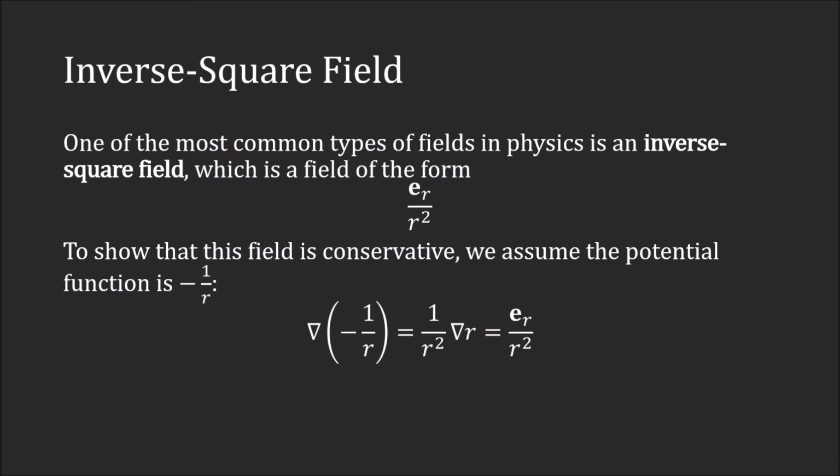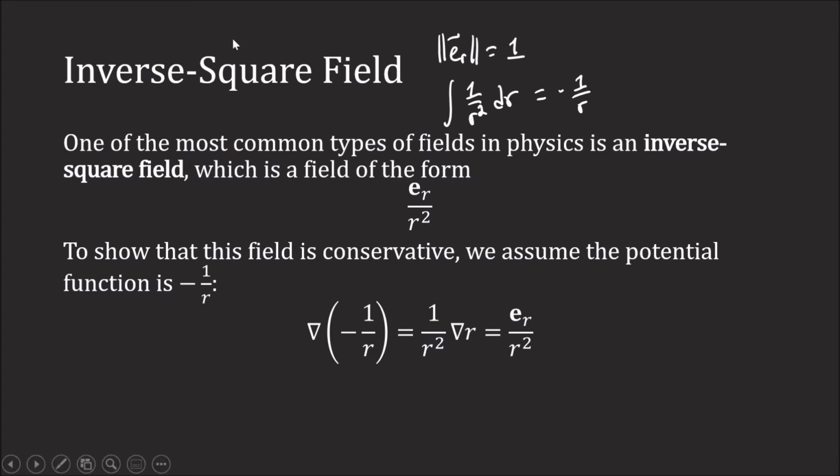Now, this makes sense because the norm of E sub r is 1, right? It's unit. So it makes sense just to integrate 1 over r squared dr and take that as our potential function, and that would be negative 1 over r.